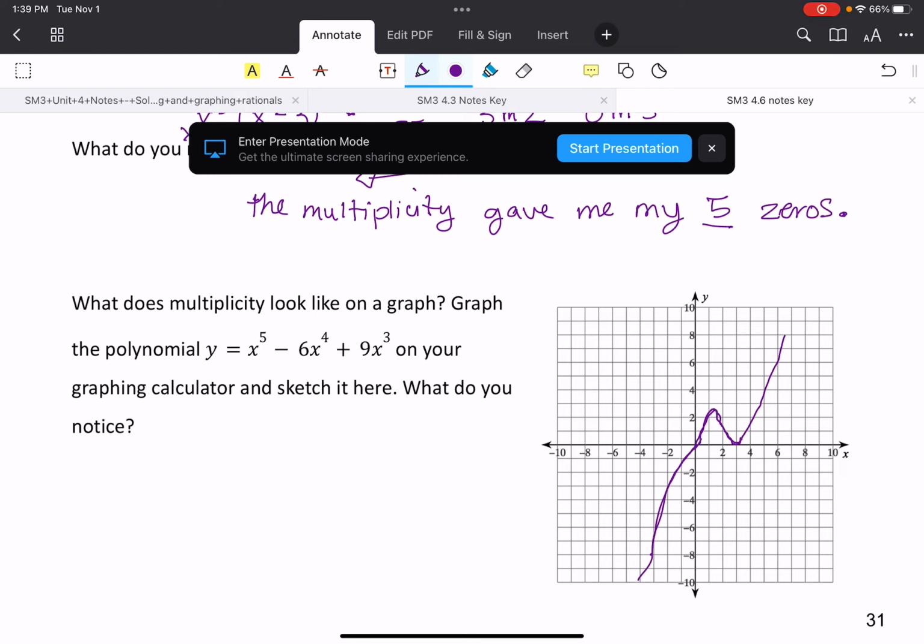So does it go through? It goes through. At x equals 0, the line goes through. At x equals 3, what happens? It bounces. At x equals 3, it bounces.